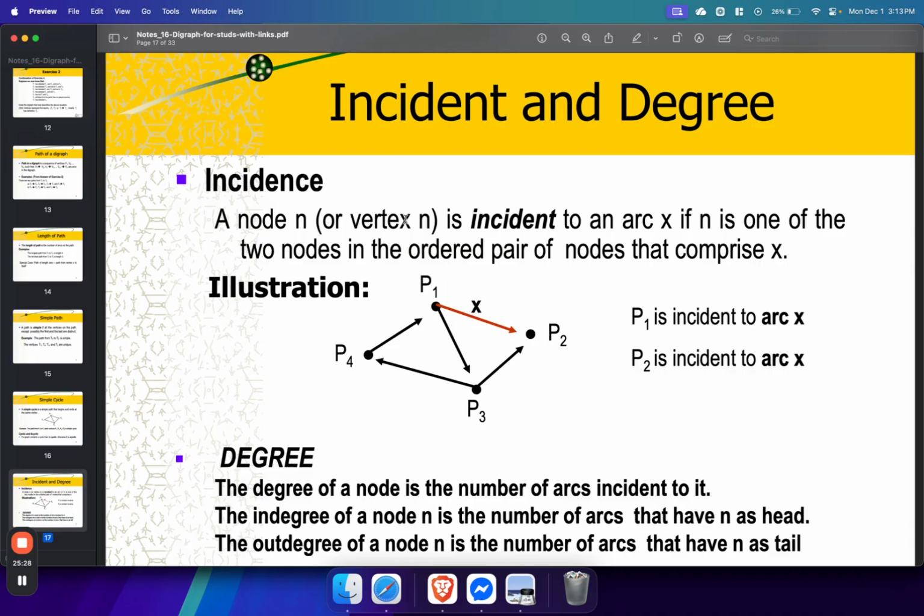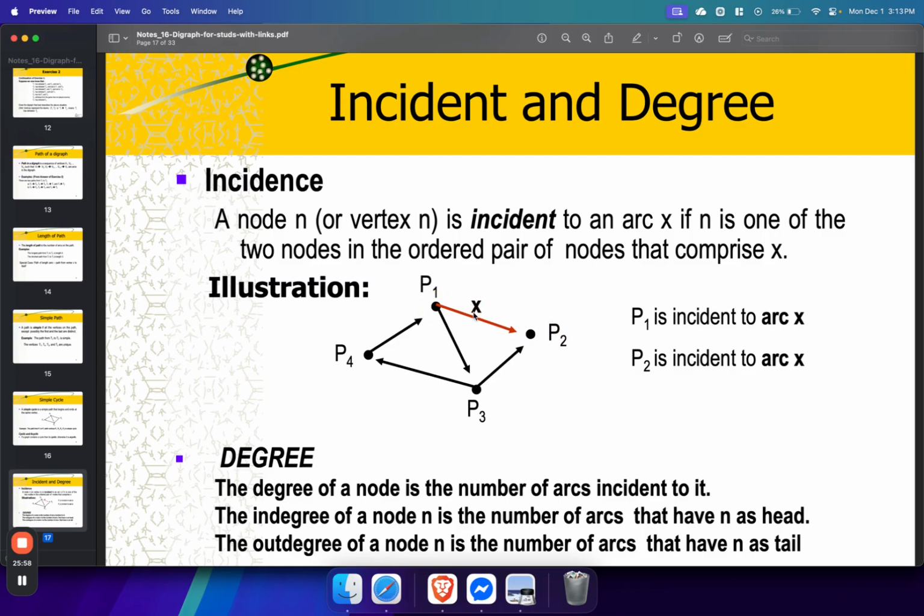So let's talk about the incidence and the degree. A node n, or a vertex n, is considered to be incident to an arc. So incidence is a relationship to an arc, if n is one of the two nodes in the ordered pair of nodes. For example, I have an arc called x. The incidence is the relationship between the nodes and the arc.